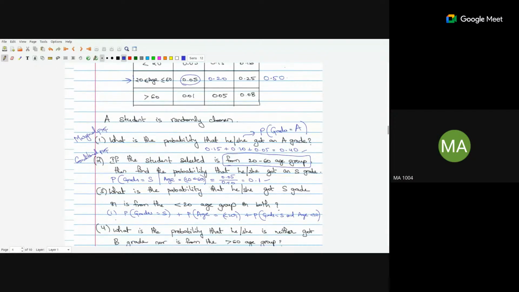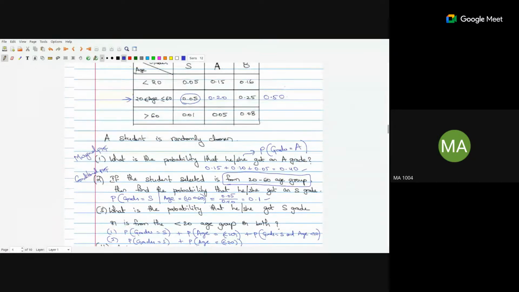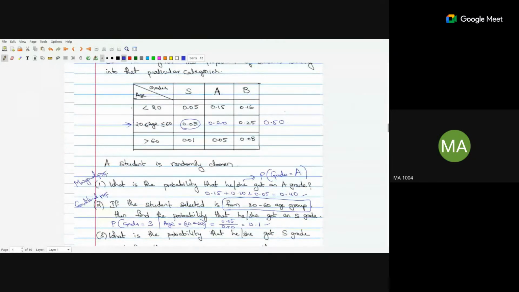So this is one option. The second option is the probability that grades is S plus the probability that age is less than 20. I am not defining, actually you should give random variables. So you should treat this as 0, this 1, this is 2, and this as 0, this 1, and this is 2.